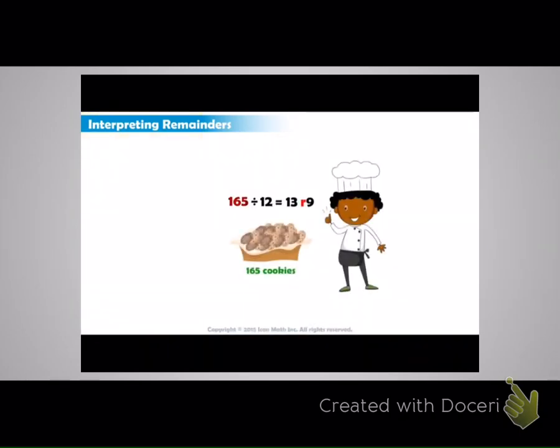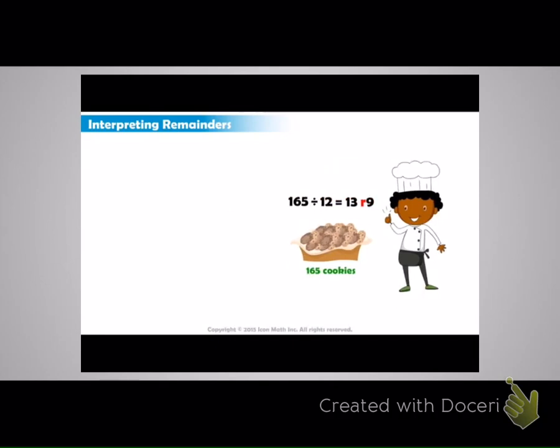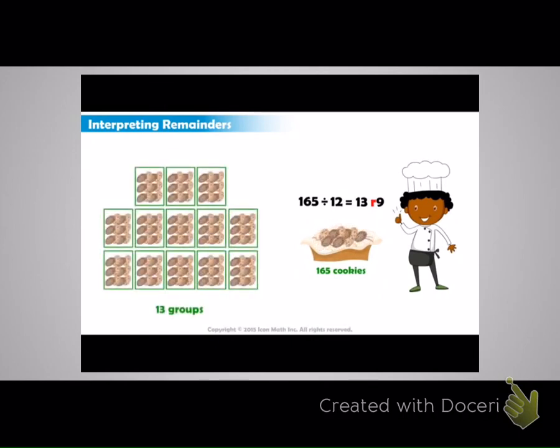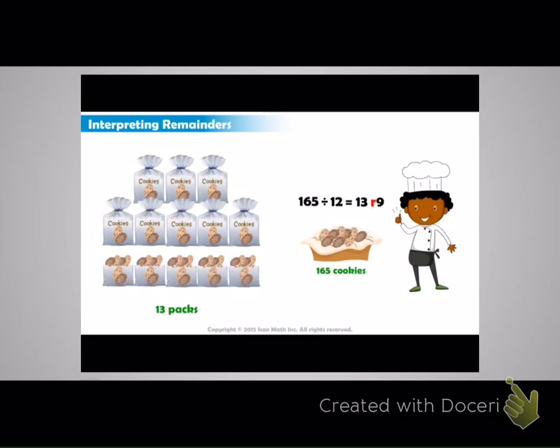If he split the 165 cookies into groups of 12, he gets 13 groups with 9 cookies left over. We talked about dividing cookies into 13 groups, and 12 cookies make a pack.